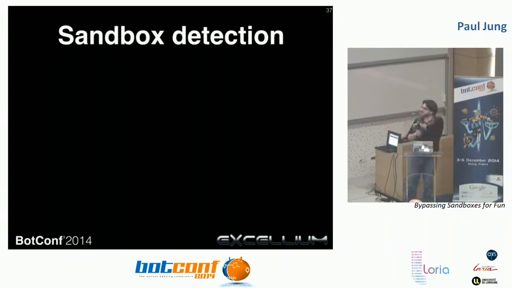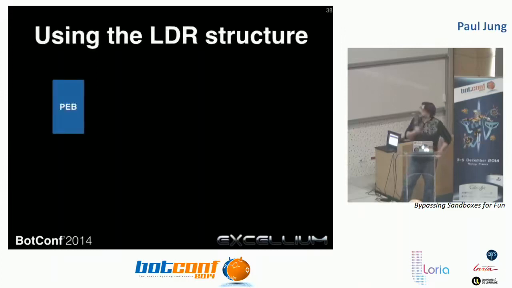Another thing. We will leave CPUID for a moment. How to detect sandboxes without using APIs? We have to take a look at the PEB. The PEB gives you 3 chained lists, which are called the loader.